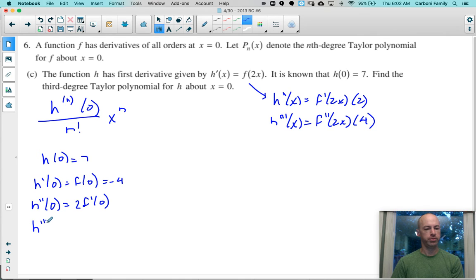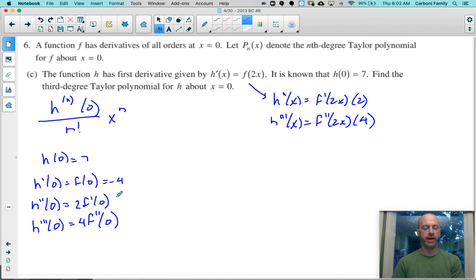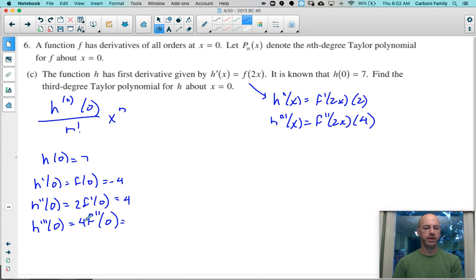H triple prime of 0 is going to be 4 f double prime of 0. And going back, f prime of 0 was 2. That was our part A work. So 2 times 2 is 4. F double prime of 0 was -2/3. And so 4 times -2/3 is -8/3.